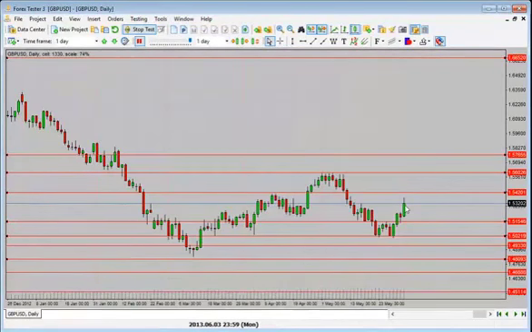Here we go, price has moved up higher. And now what do we expect the price to do? Any guesses on where we can expect the price to go next?